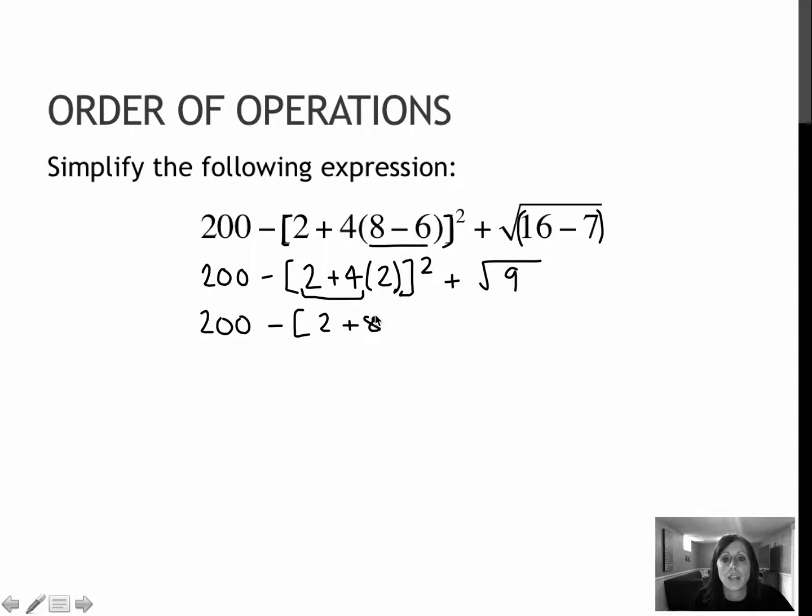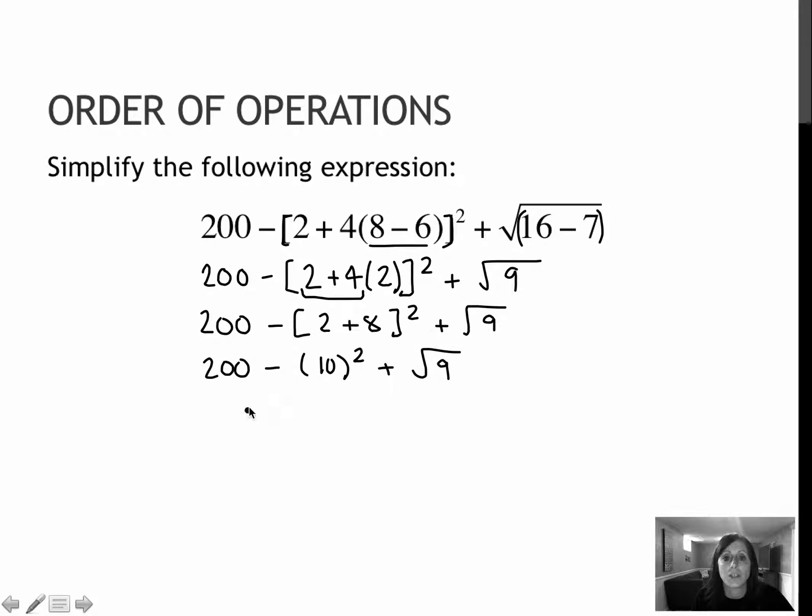So 4 times 2 is 8, and everything else is recopied. 2 plus 8 is 10. Everything else is recopied. And now finally, I don't have any operations left within parentheses.